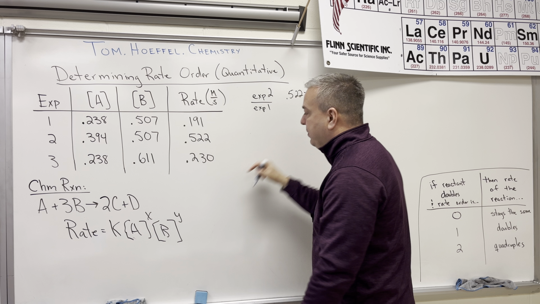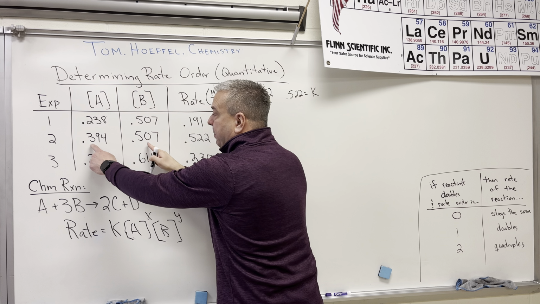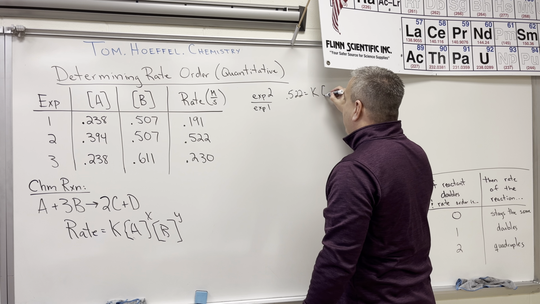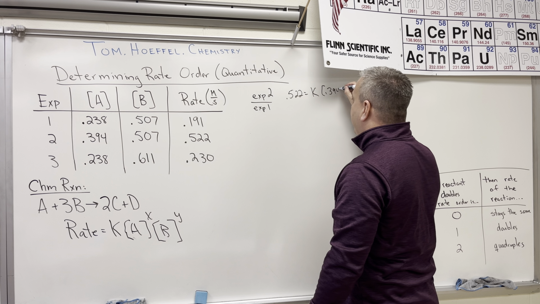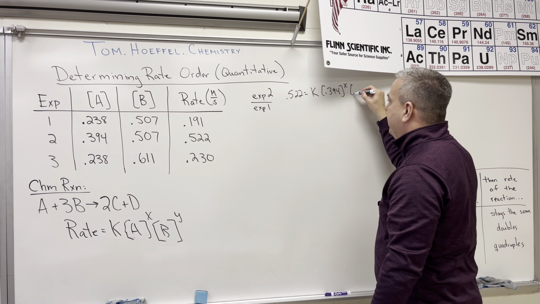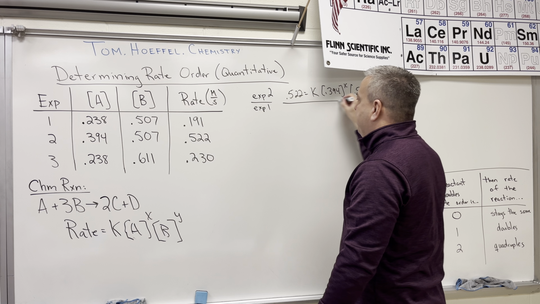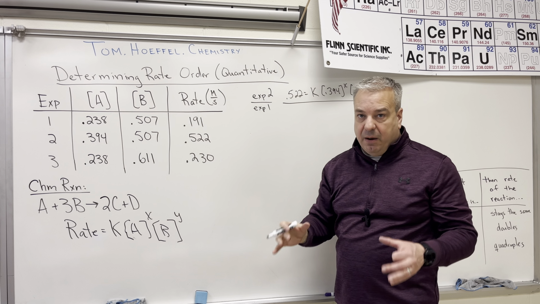and that's equal to K times the concentrations of A and B for experiment number 2. So that's 0.394 to the X and 0.507 to the Y. And I'm going to do the same thing for experiment number 1.